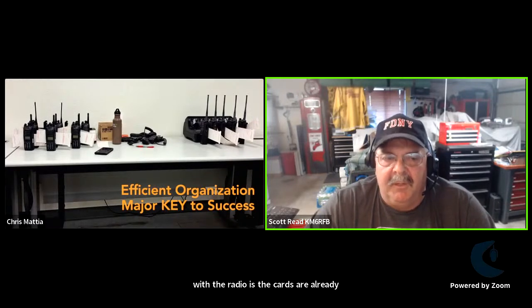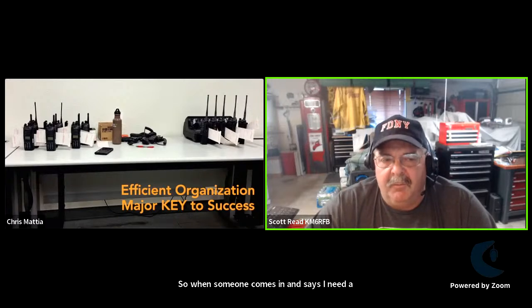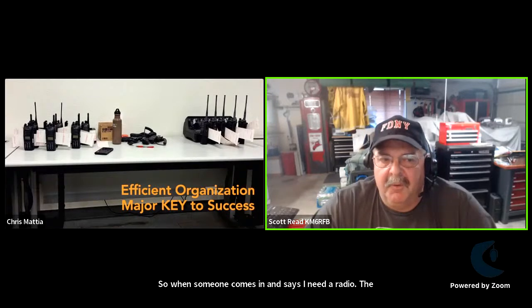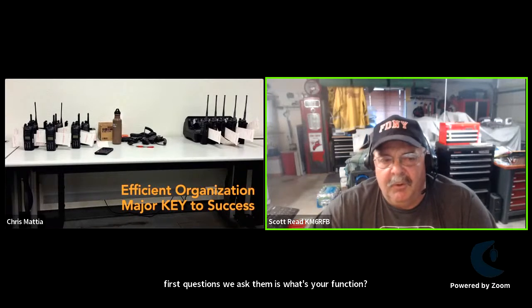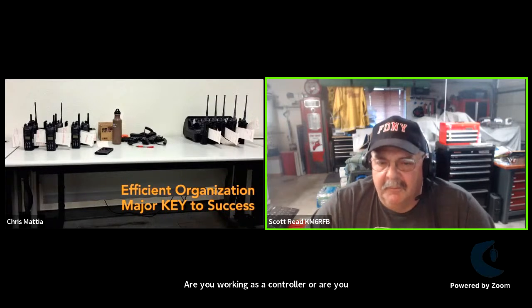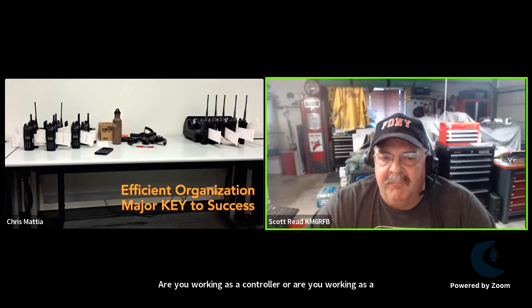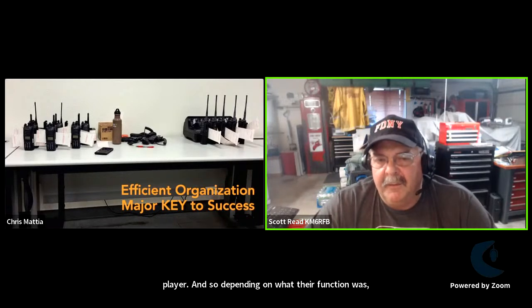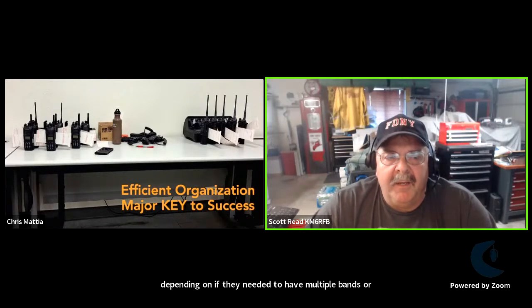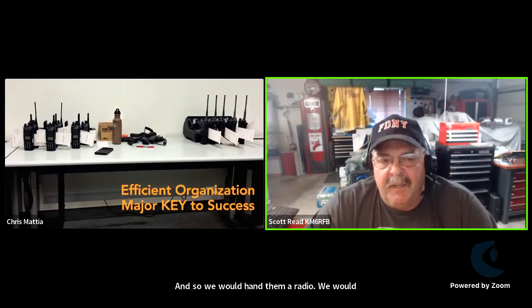So when someone comes in and says, I need a radio, the first question we ask them is, what's your function? Are you working as a controller, or are you working as a player? And so depending on what their function was, depending on if they needed to have multiple bands or single band. And so we would hand them a radio, we would have them put their name on it and the information I already mentioned.